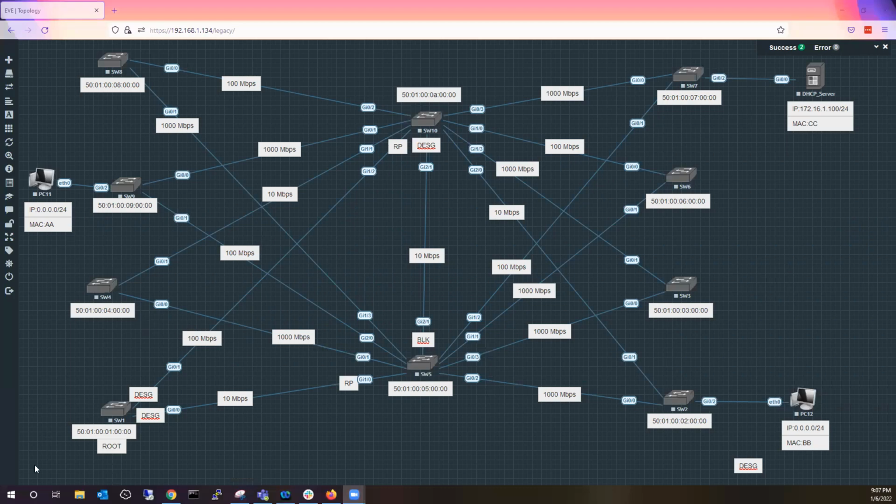Let me share my screen again. Once you do all of that, you can do that just for one, and you'll be able to converge any other topology, no matter how many switches there are. You'll be able to say, okay, let's do it per segment. I went ahead and converted this already.